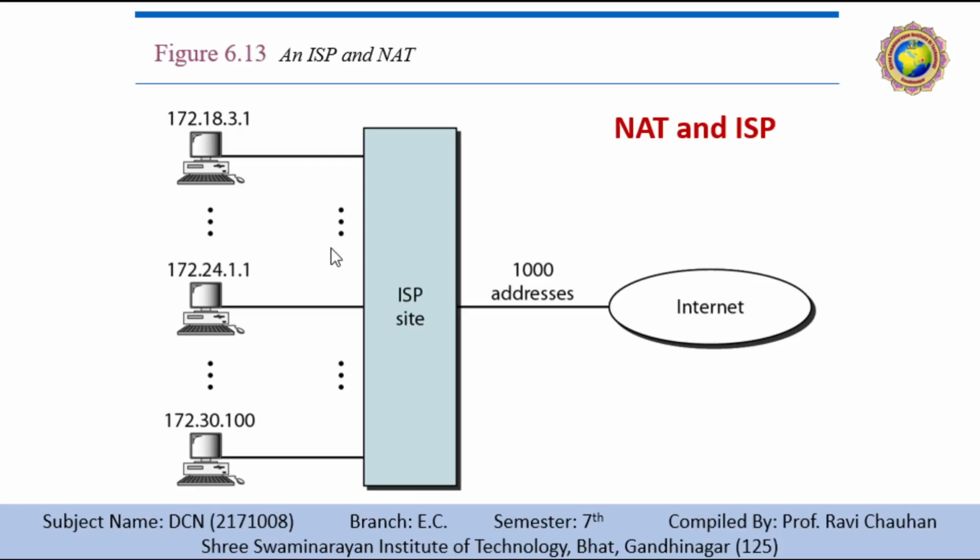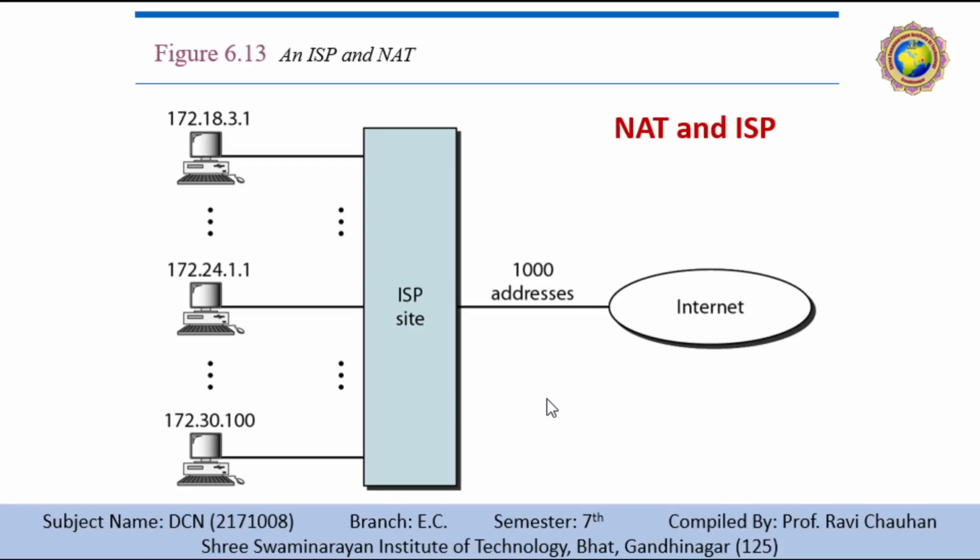The ISP translates each of the 1 lakh source addresses in outgoing packets to one of the 1000 global addresses, and it translates the global destination address in the incoming packets to the corresponding private address. Our figure shows an example. So it is our NAT with ISP.